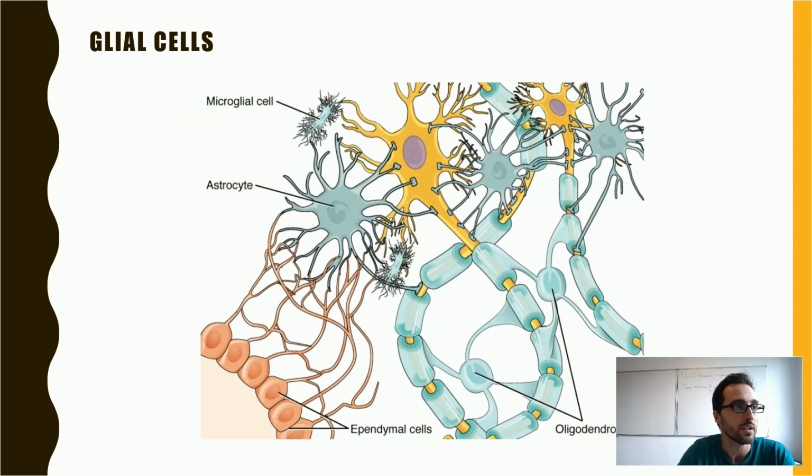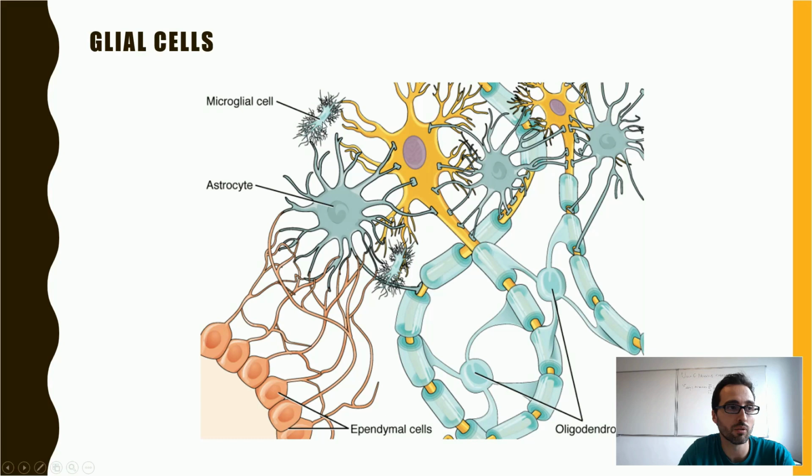So I told you to look for some information about the glial cells. We've got 3 of them here in this diagram. This is an astrocyte, this is a microglial cell, and these are ependymal cells. These kinds of cells are too important for keeping our neurons safe, because they protect them and give support and structure for the nervous tissue.